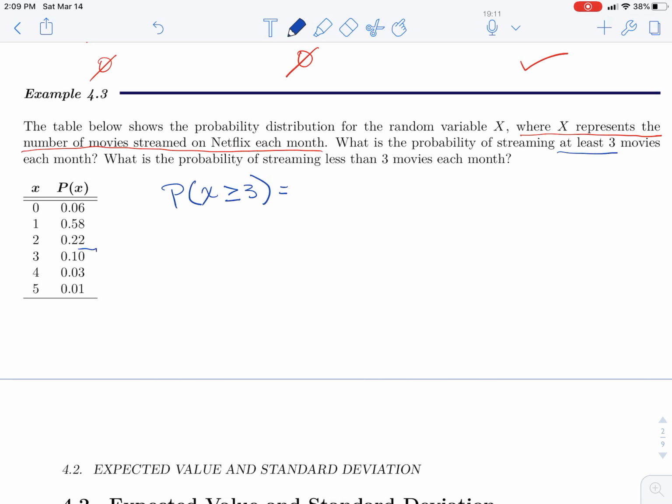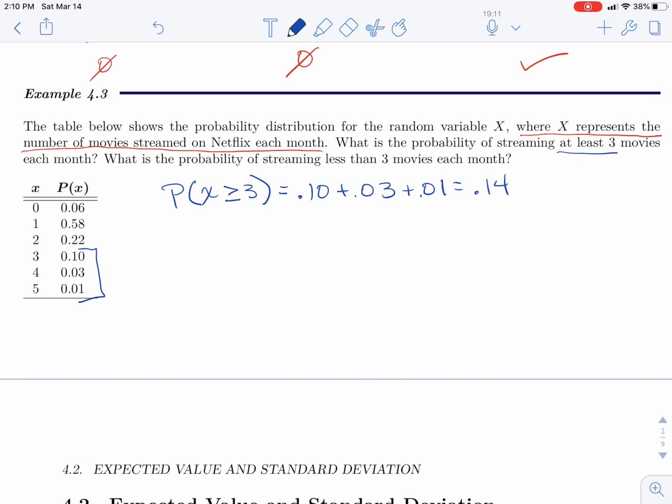And so we can just look at those probabilities and add them up. We don't have to worry about ands and ors and conditionals. This is kind of nice with the distribution. We just go, okay, we want all 3 of those. So 0.10 plus 0.03 plus 0.01, and we get 0.14 or 14%.